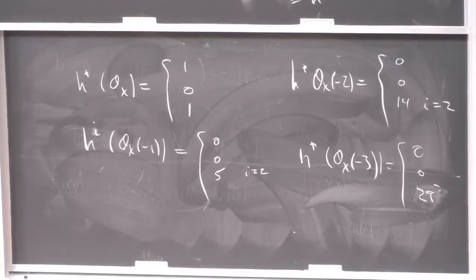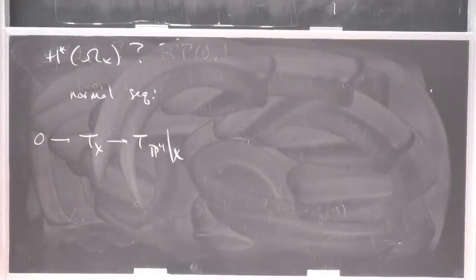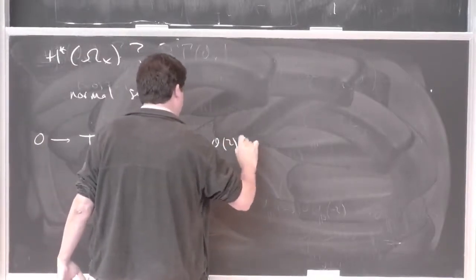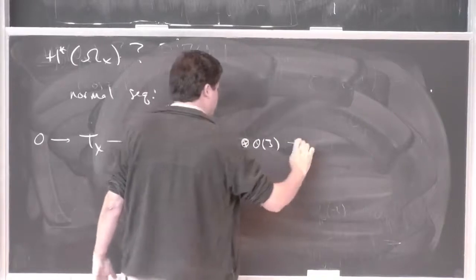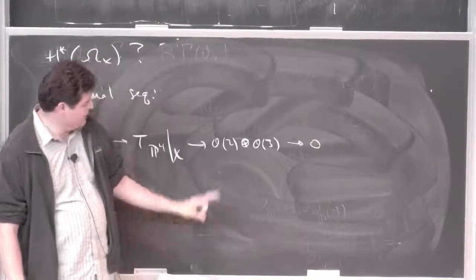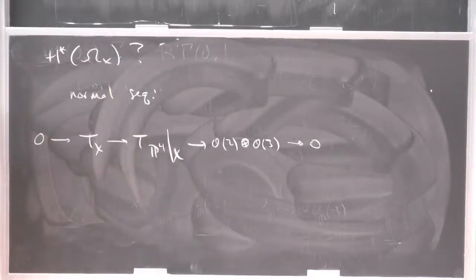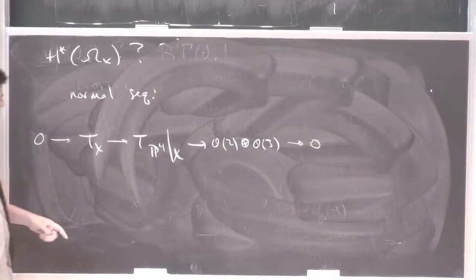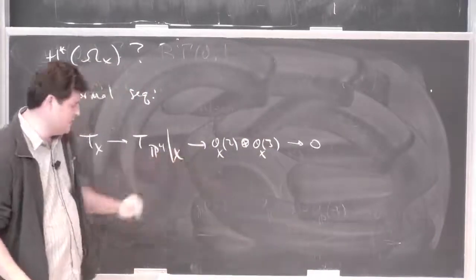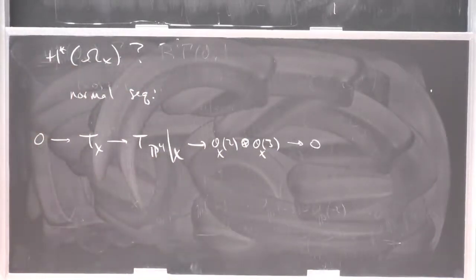So the tangent bundle of X embeds in the tangent bundle of P4 restricted to X. And the normal bundle is O of 2 plus O of 3, because X is cut out by a transverse section of this vector bundle, given by Q and F. And either you know or you go read, that means that the normal bundle is OX of 2 plus OX of 3. This map is essentially the derivative of Q and F.